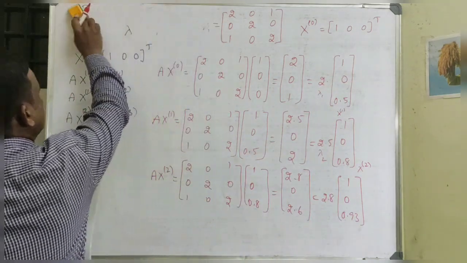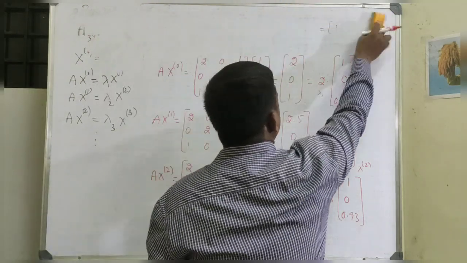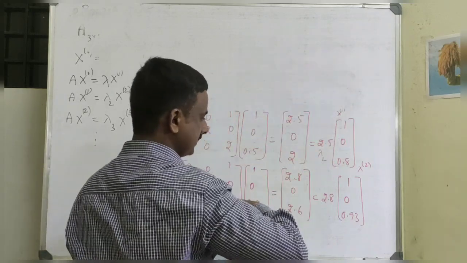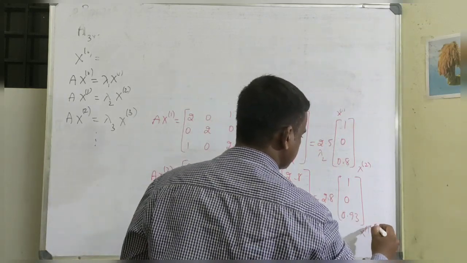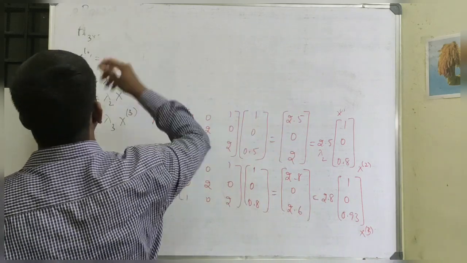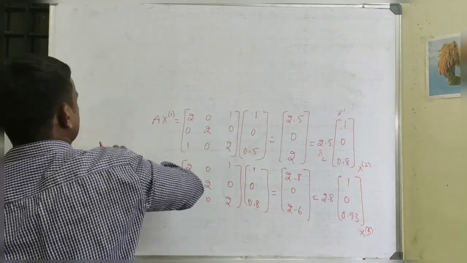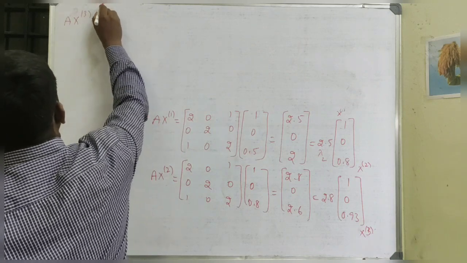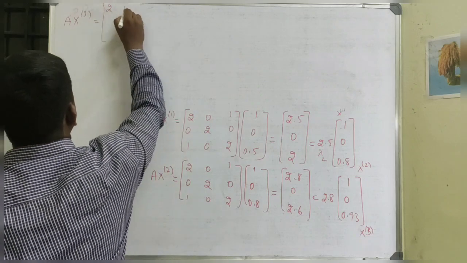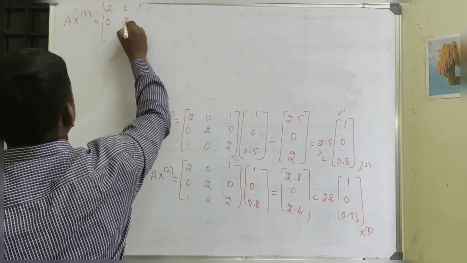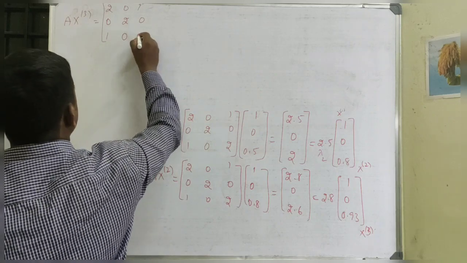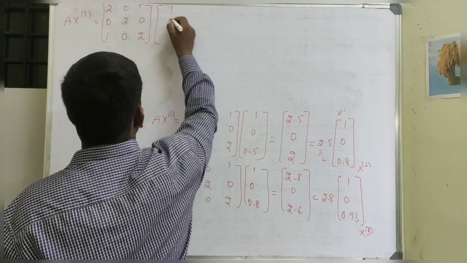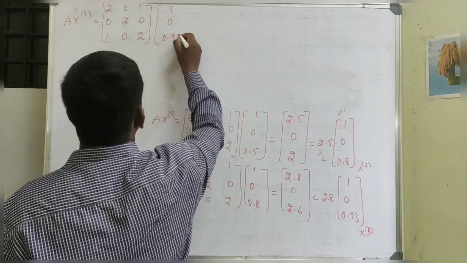Next, I have to multiply A with x3. Let us see what it will be. A into x3, that is 2 0 1, 0 2 0, 1 0 2 into 1, 0, 0.93.